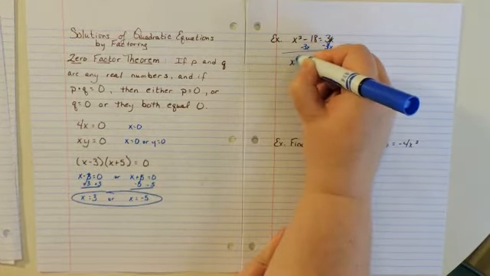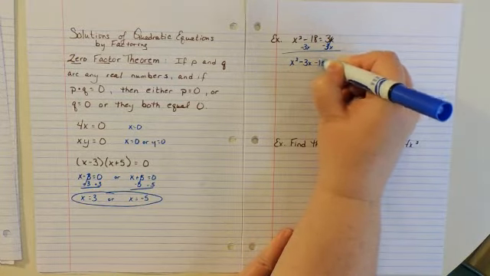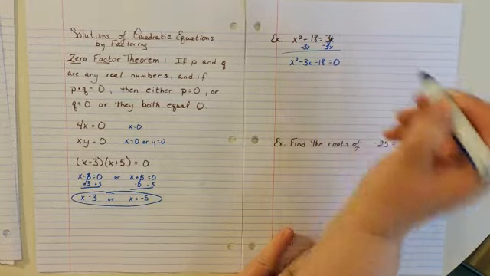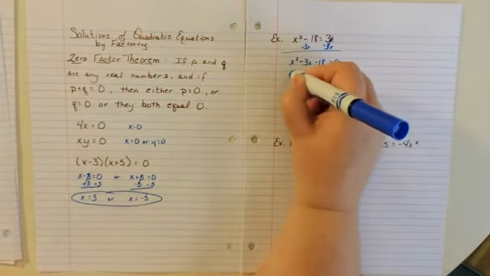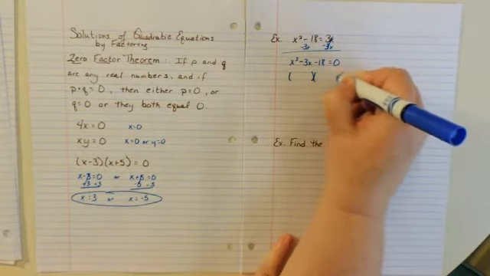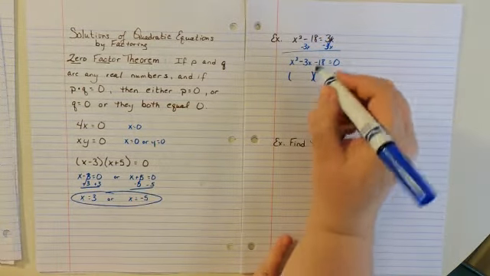And we'll have x squared minus 3x minus 18 equals 0. Okay? Now we need to try to factor this. We're going to factor it into two terms. Do not lose the equals 0.